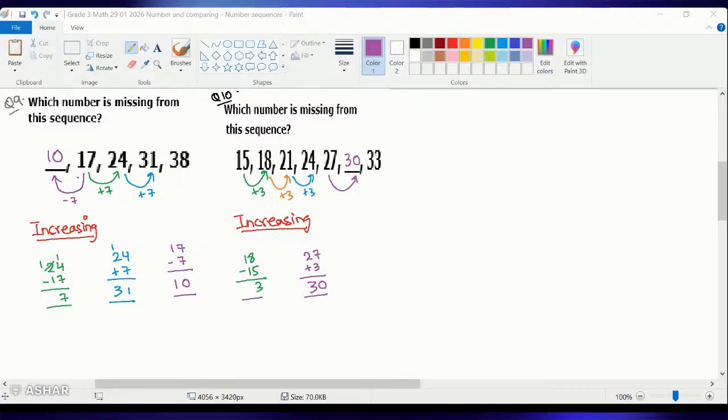So the next one is, which number is missing from this given sequence? Question number 11 states this information.